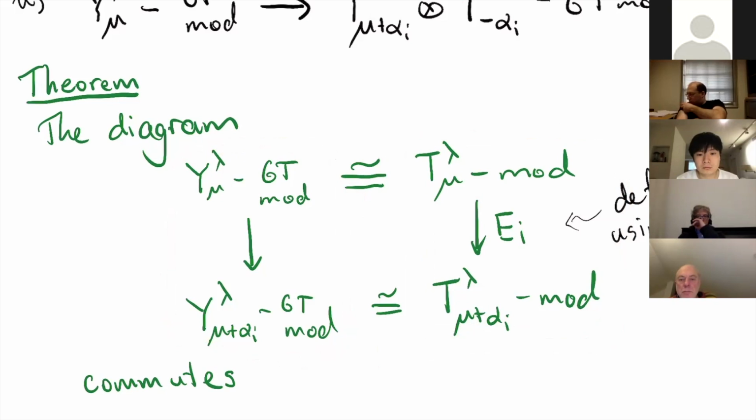And this diagram commutes. So this is the functor defined using this Coulomb branch machinery and this complicated version of Hamiltonian reduction involving the Coulomb branch. So now we've partially succeeded in our goal of understanding this functor on the left side.